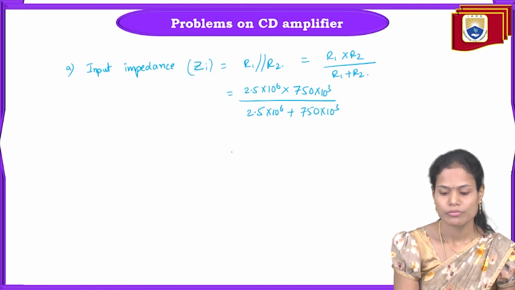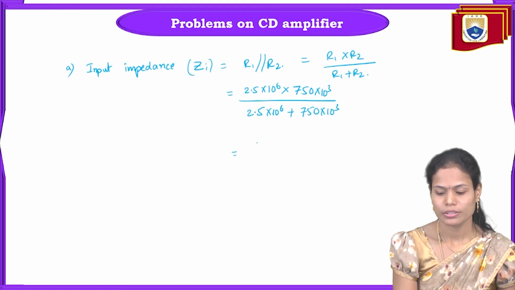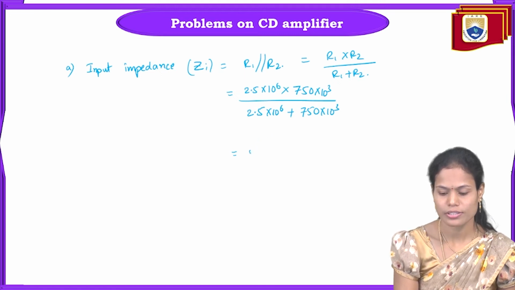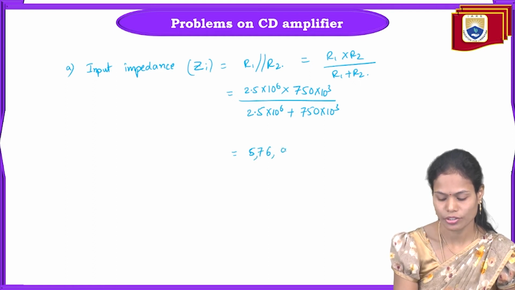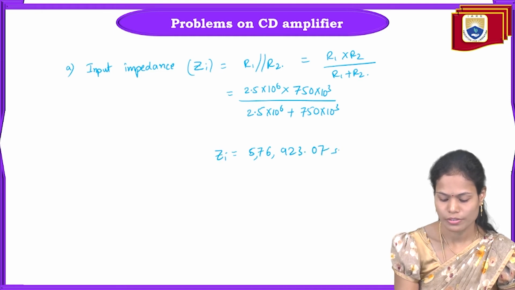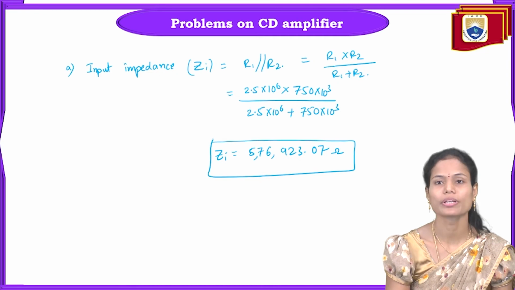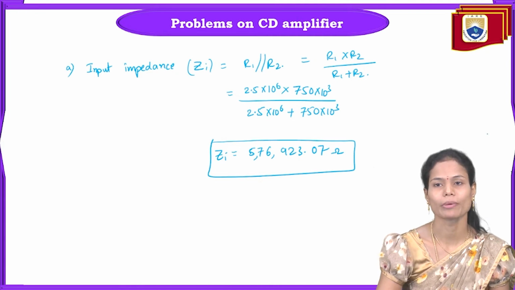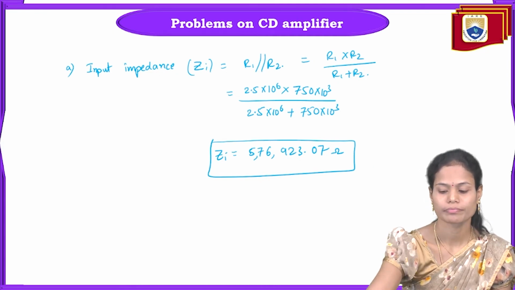After simplification, we get 576,923.07 ohms. This is the input impedance for the given common drain amplifier.